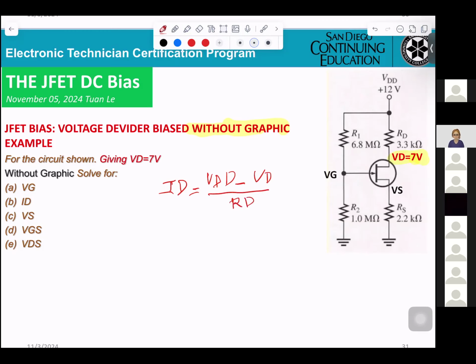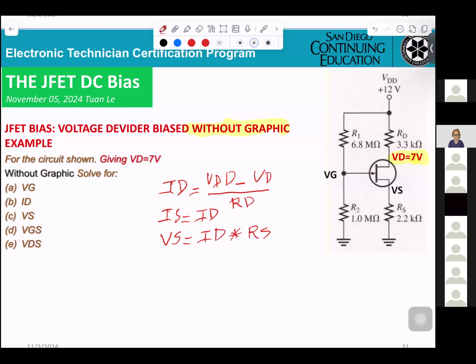After you get ID, you understand IF equal ID on the top. So you know IF, you can calculate the VF equal ID times IF.